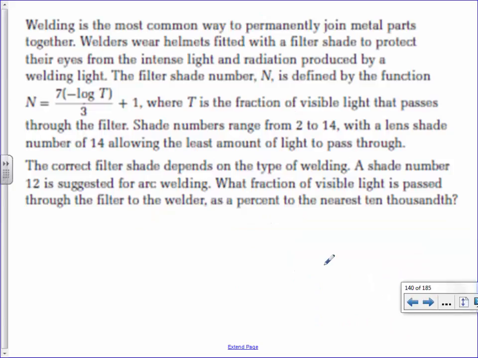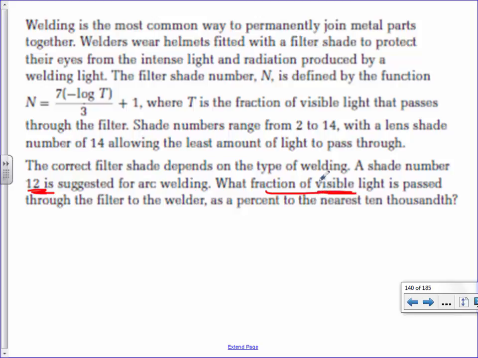Here's a formula. This has got a story behind it. It's about welders, and there's a formula about how much light goes through a welder's facial shield. Whatever, it doesn't really matter here. What we need to do is find, if we use a shade number of 12, the fraction of visible light.